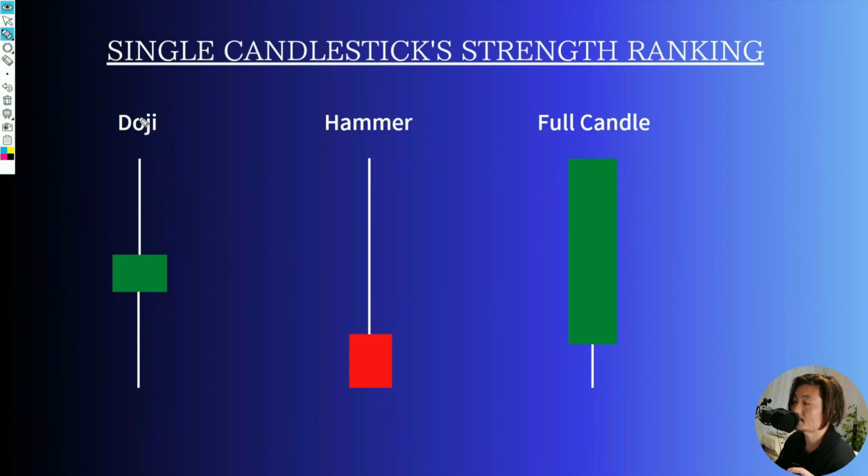Okay, let's go on to the hammer. So in order to get a strong hammer, which shows strong future short strength, first of all, we want a very long wick on the top. Now this is the longer, the better. And then moreover, we want the low and the close to be at the exact same level. Now that will create strong future short strength.